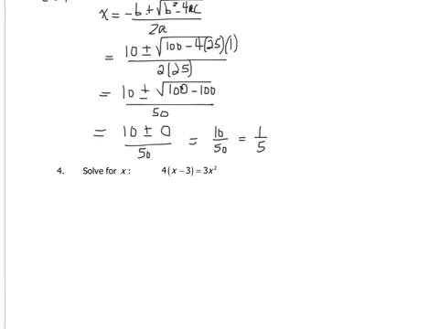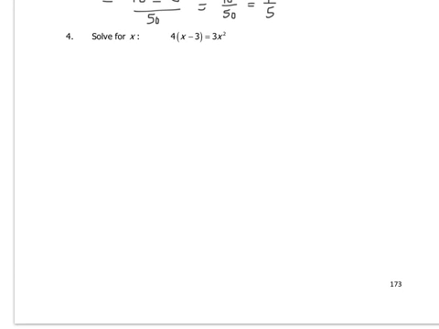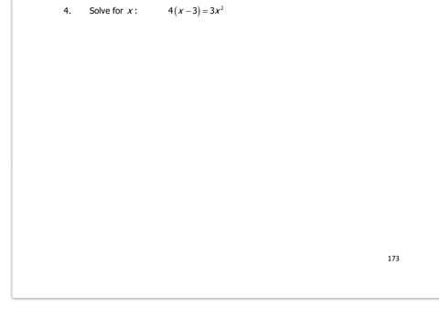And the last one there on the page. I'll just move that up. We have 4x minus 12 equals 3x squared. So I'm going to bring everything over to the right side of the equation where the x squared is positive. So that becomes 3x squared minus 4x plus 12.